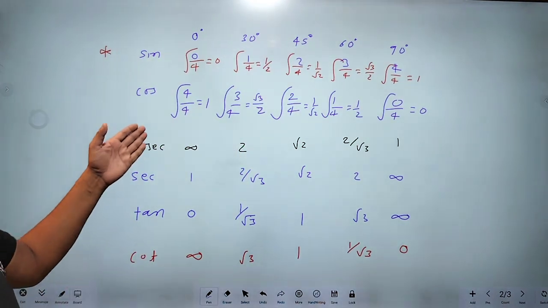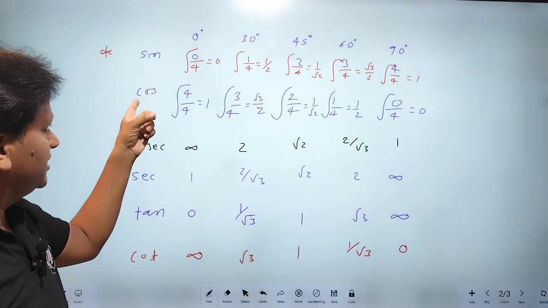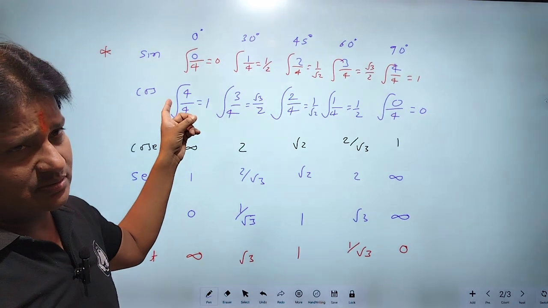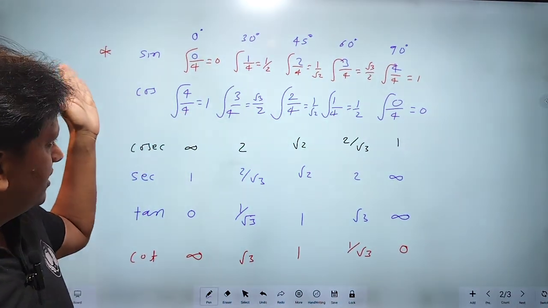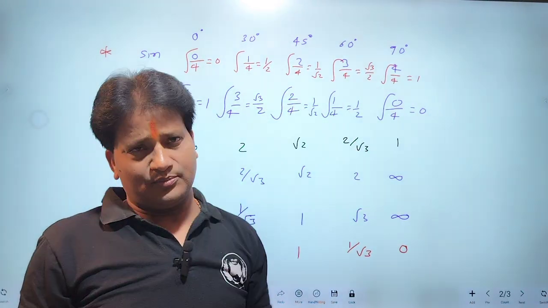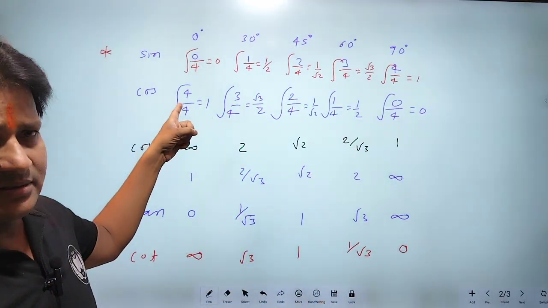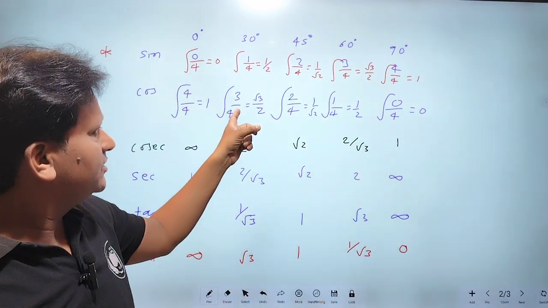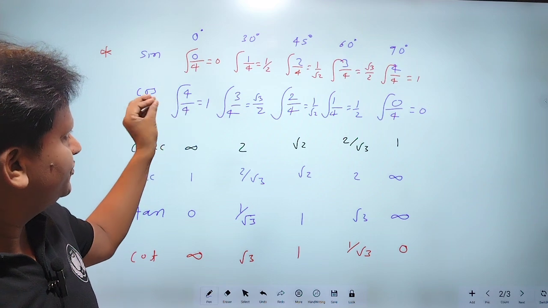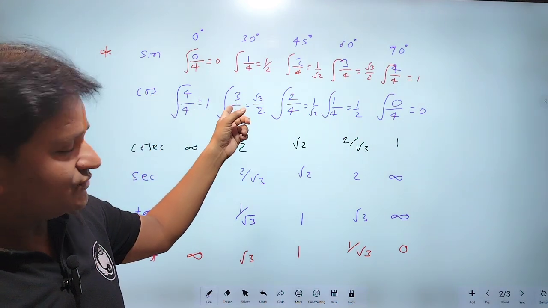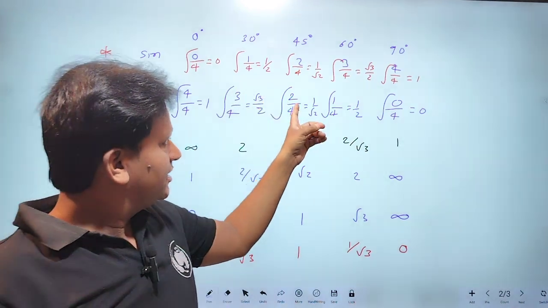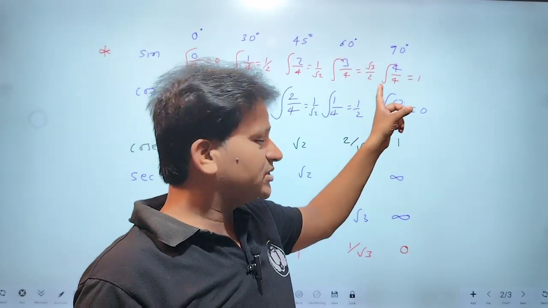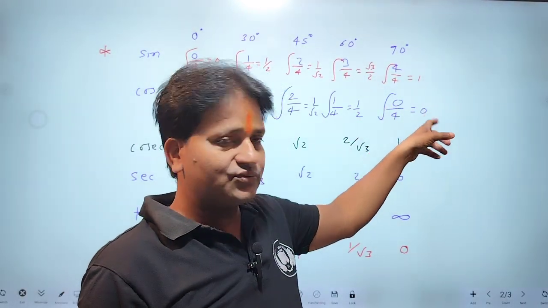Okay. Similarly, in case of cos, we start from 4 and it is written in decreasing form. Here we put 4, here we put 3, at this place 2, this place 1, and this place 0.